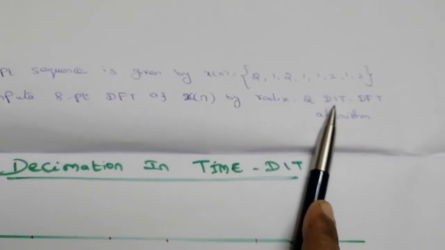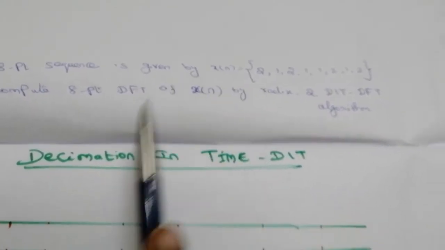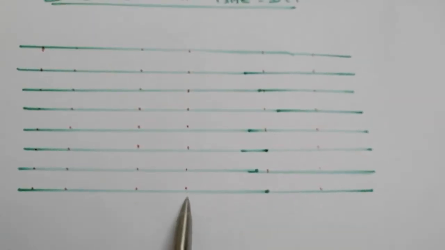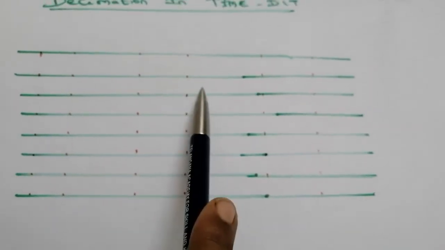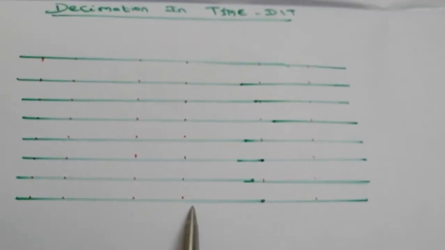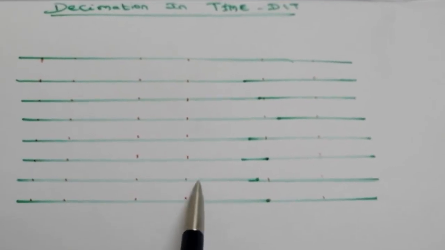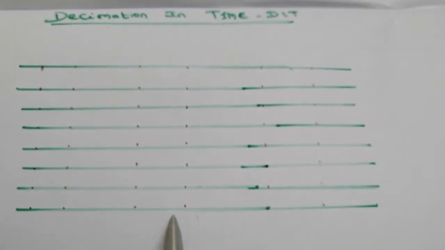The first step of solving this problem is to draw 8 parallel lines, 1, 2, 3, 4, 5, 6, 7, 8. We draw 8 lines because it is an 8-point sequence.